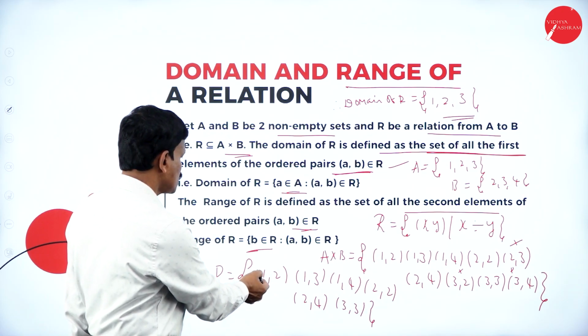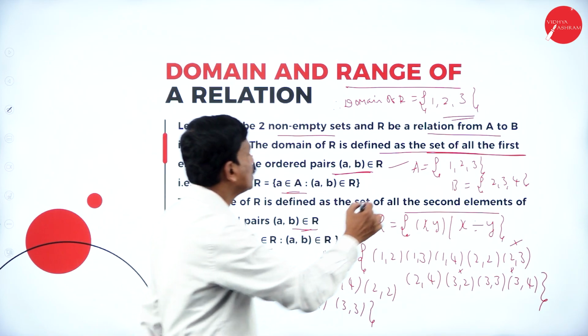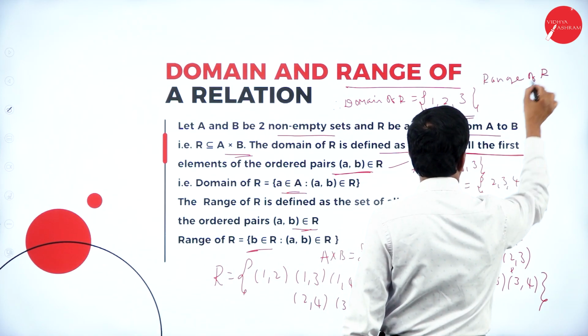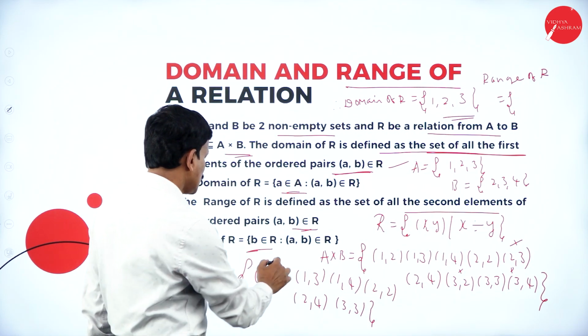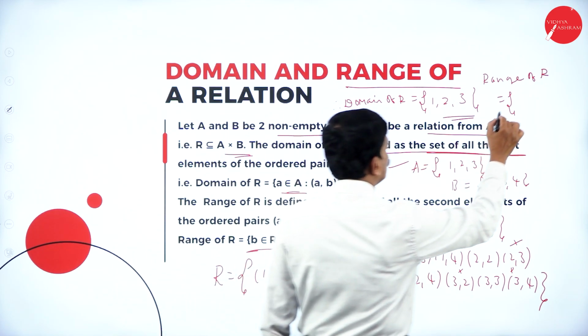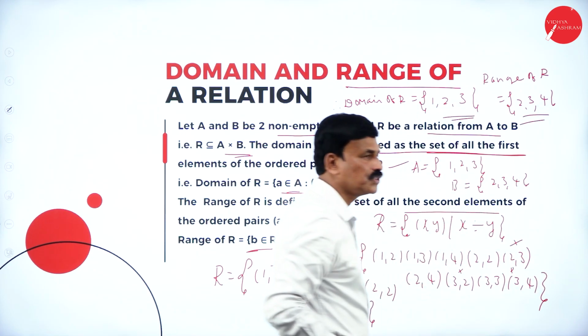The domain of R is the set of all first elements of the relation. What is the range? The range is the set of all second elements. Range of R is equal to the set of all second elements of the relation: 2, 3 and 4. This is called the range.